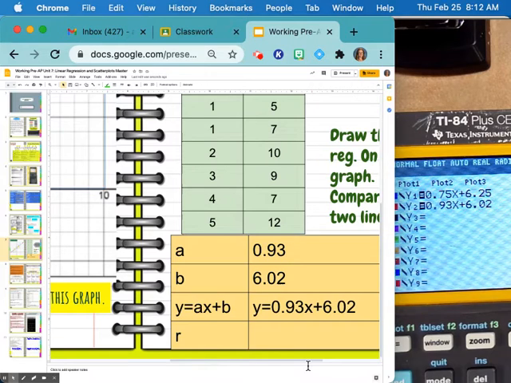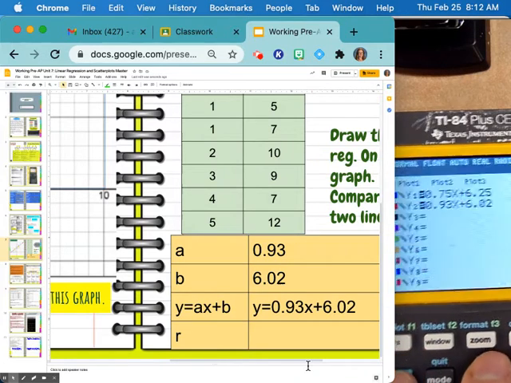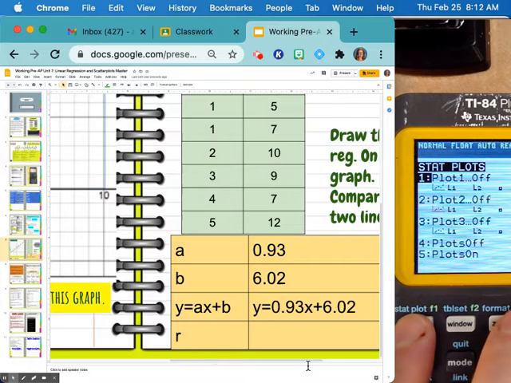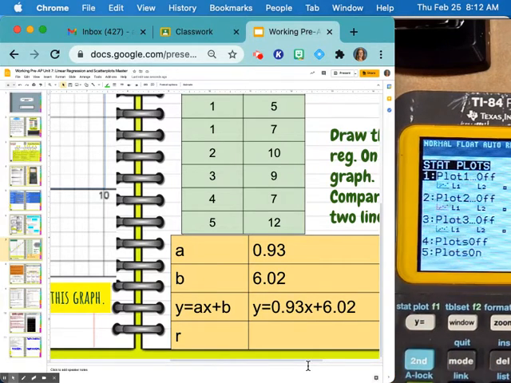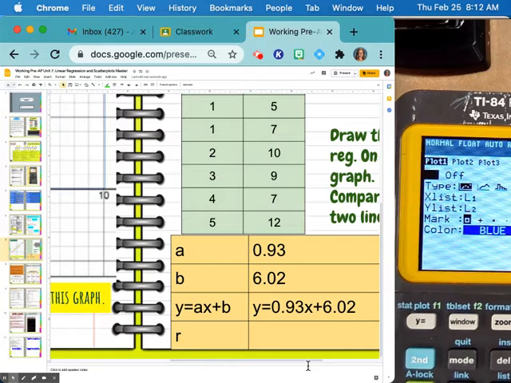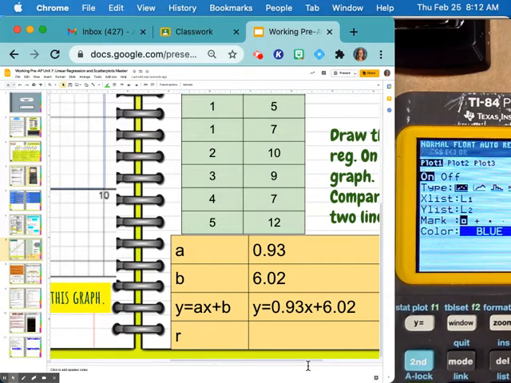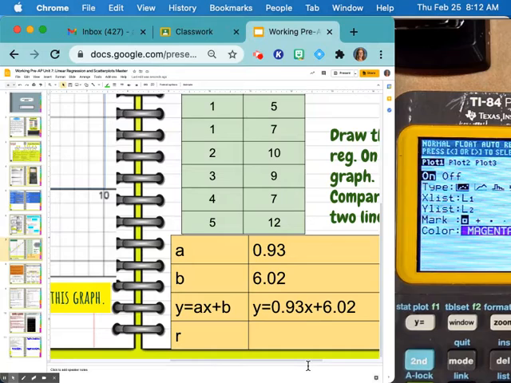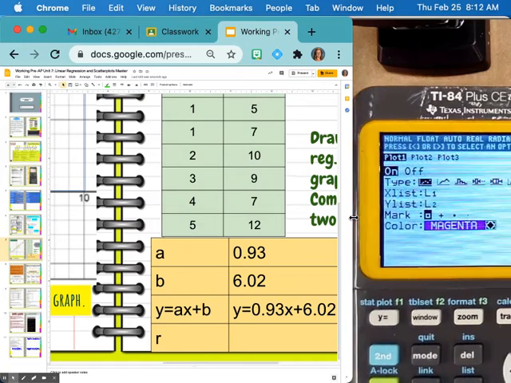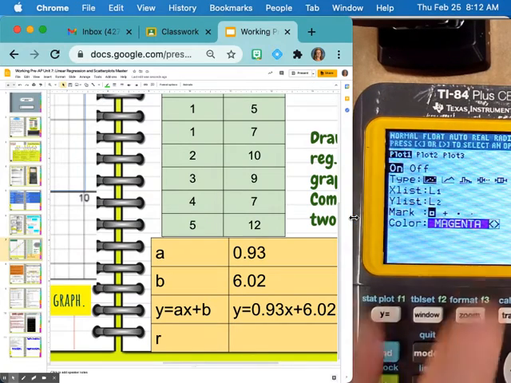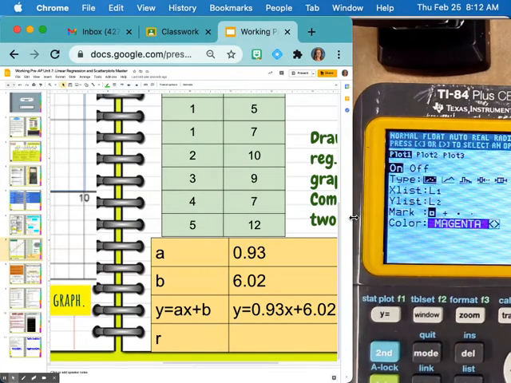Then the next thing we need to do is make sure our stat plot is on. So go second y equals. My plot is off, so we need to make sure that is on. I'm going to change my color. Turn your plot on. I did second y equals to turn the plot on so I can see the scatter plot.